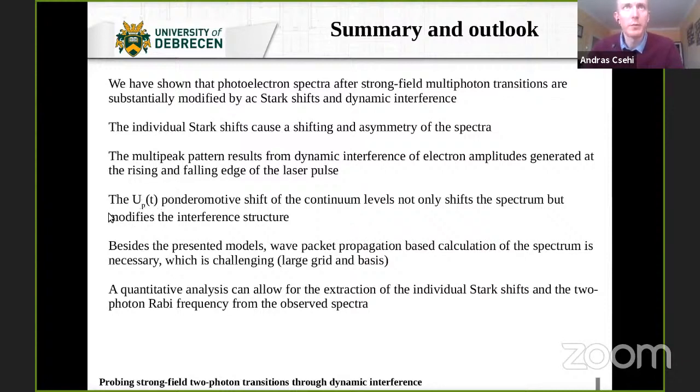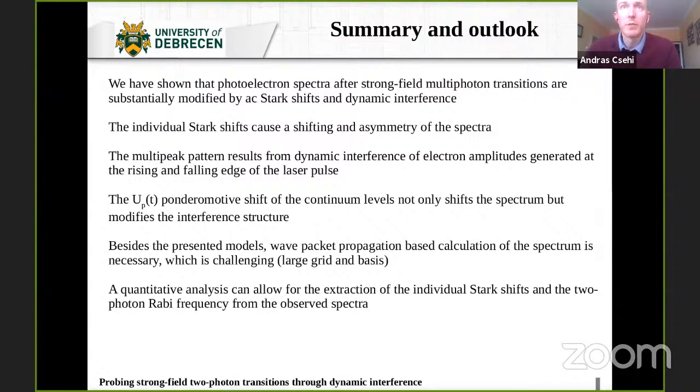We could also show that the ponderomotive shift of the continuum is important. It not only shifts the spectrum, but it also modifies the interference structure. These presented models are useful and important, but we are also working on a wave packet propagation approach to fully verify the results shown here.